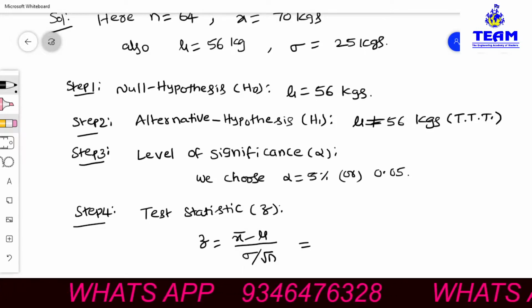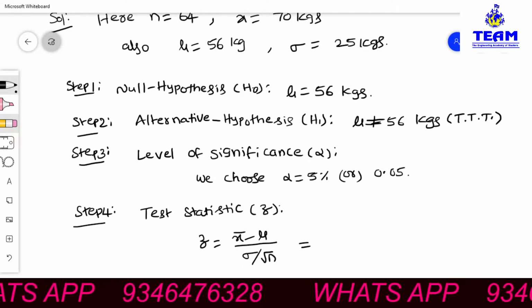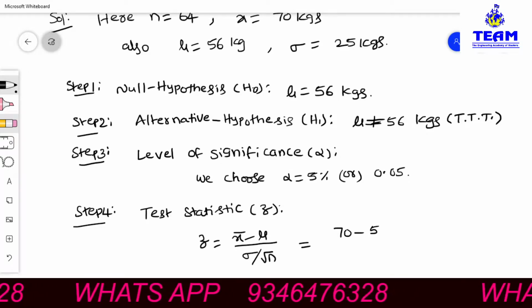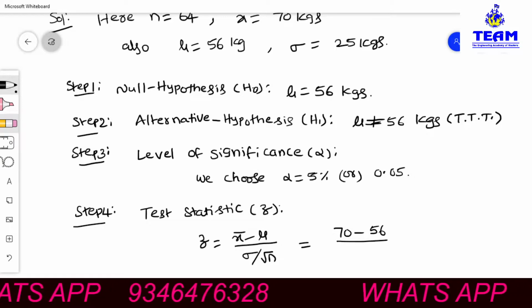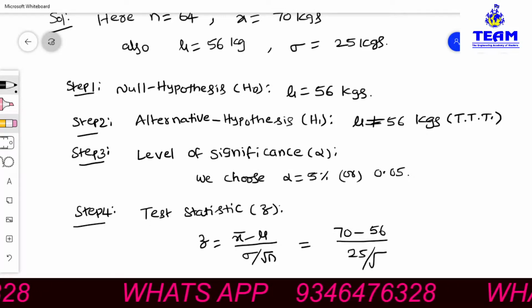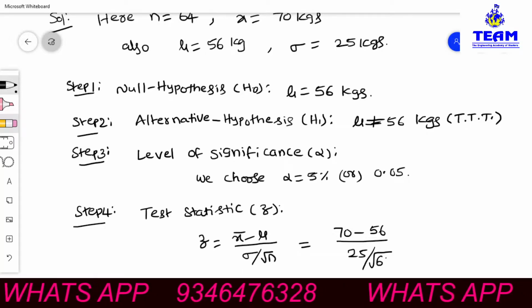Here x bar is 70 kgs minus mu 56 kgs, divided by sigma 25 kgs by the square root of 64.